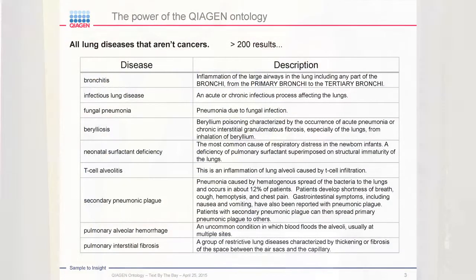And by the way, for each of our classes or objects, if you will, we have descriptions that are internal for us, but that help us reflect the meaning or know what we're talking about and what the meaning of these concepts are. So inflammation of part of the lung, infectious lung disease, this is kind of a high-level classifier, and we get into some less obvious things that you might not think of immediately when asked the initial question.